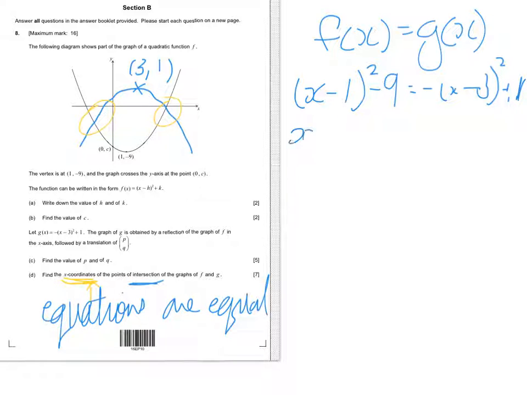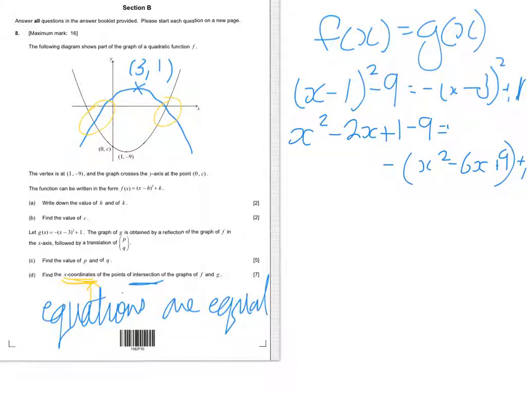Expand out these brackets, you get x squared minus 2x plus 1 minus 9 is equal to minus, I'm going to leave that minus sign outside and deal with it in a second, and just expand out the x minus 3 squared: x squared minus 6x plus 9, that's in brackets, and then the plus 1.